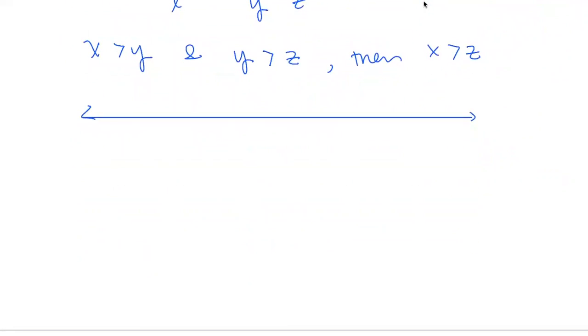I know that x is greater than y, so let's just put y right here. x is greater than or bigger than y means it's going to be on the right over here. And y is bigger than z, so z should be on the left-hand side of y. By looking at this, we can see that z is way farther to the left than x, and so x is in fact bigger than z.